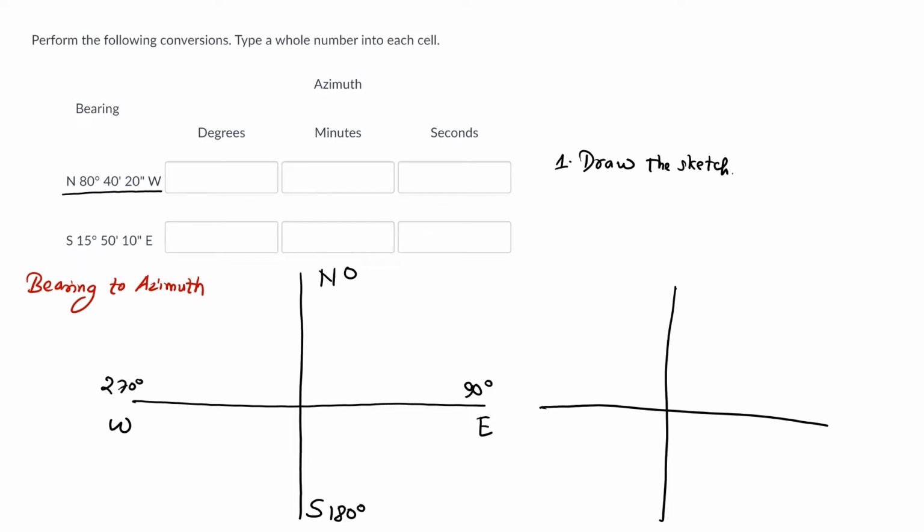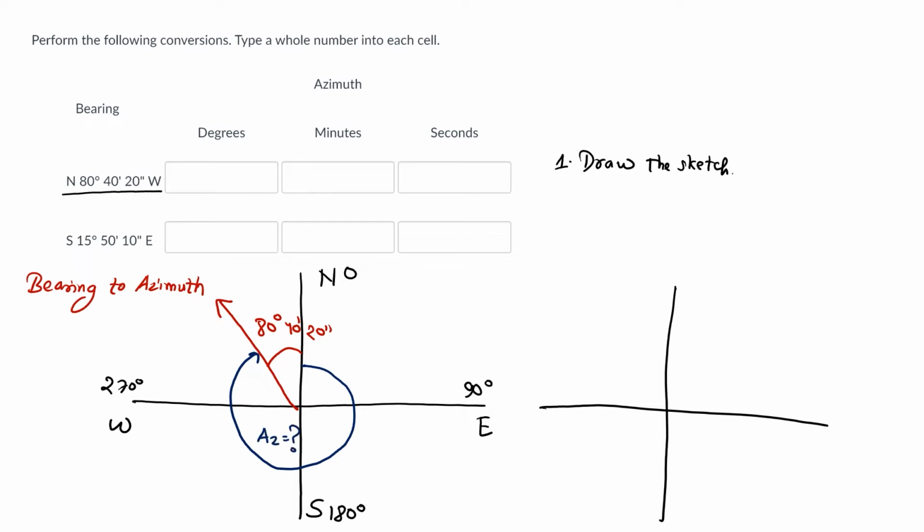So northwest should be my line, and this is my angle, 80 degrees, 40 minutes, 20 seconds. We need to find the azimuth of this line. Like I said in the previous slide, the azimuth of this line would be the angle measured clockwise from the north. So I need to find this angle.